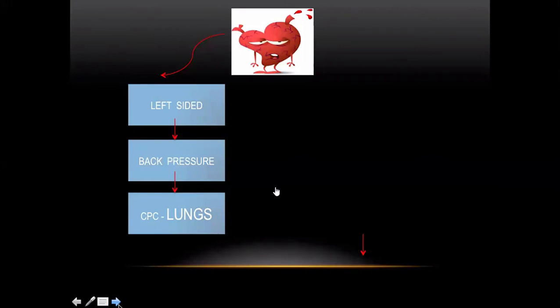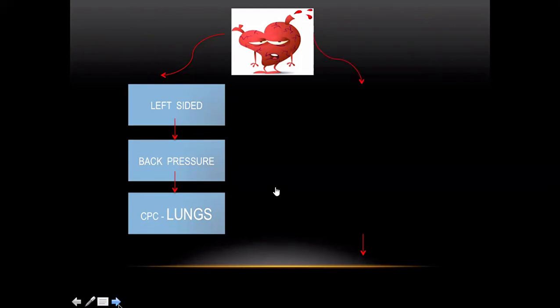If it is water, there will be accumulation of water. If it is blood, there will be stagnation of the blood in the lungs, so there will be a chronic passive congestion. If water goes back, of course there will be a pulmonary edema.